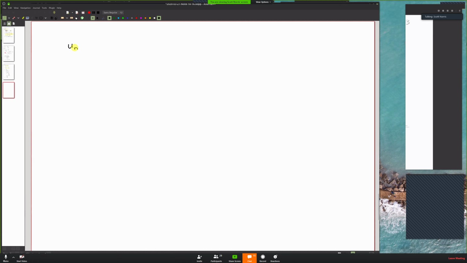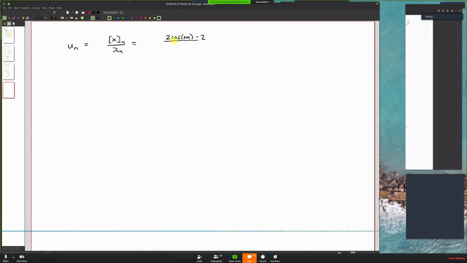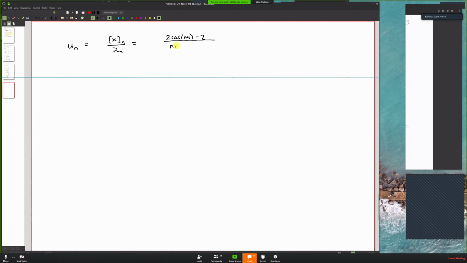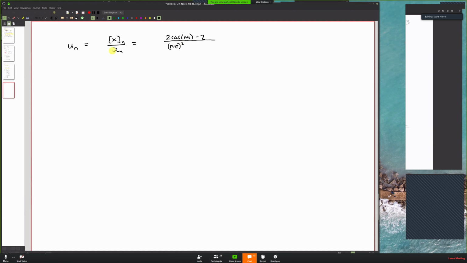Okay, so u sub n will be x sub n over lambda n, which is 2 cosine n pi minus 2 over n pi quantity squared, divided by lambda n.